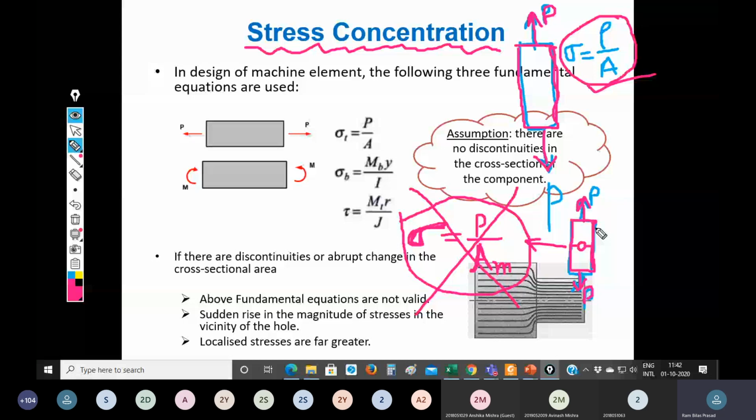The better formula could have been P by A with the minimum cross section area, but in reality it has been found that this also does not give you the correct value of stress. Why? Because of stress concentration, right?